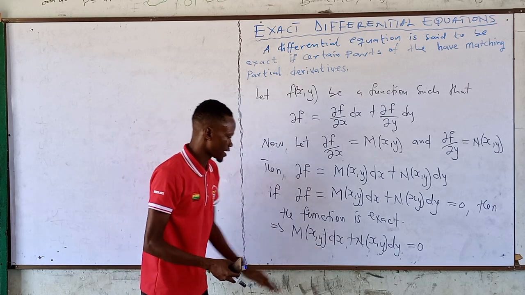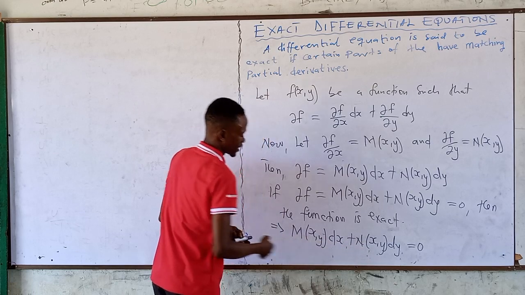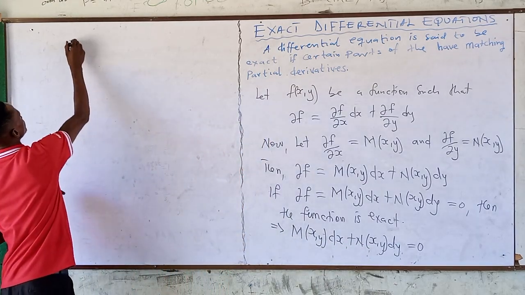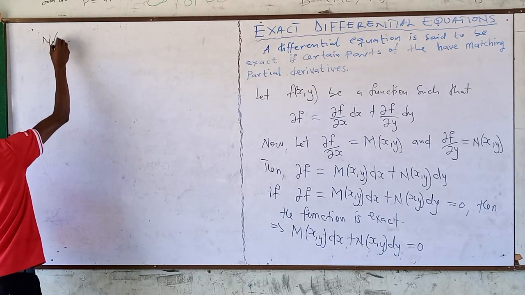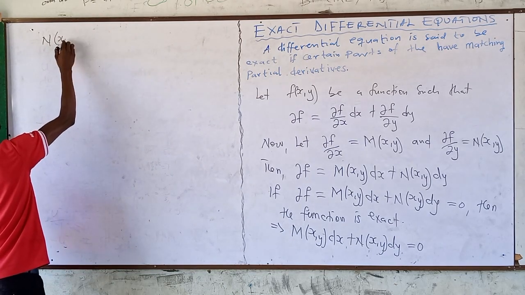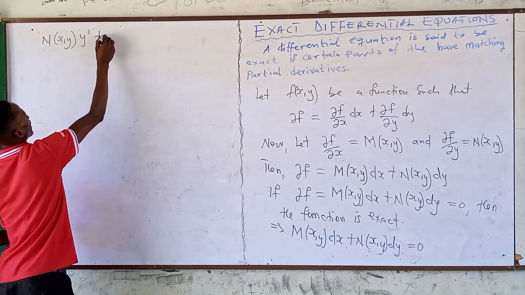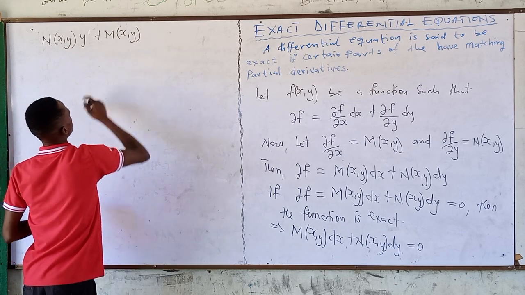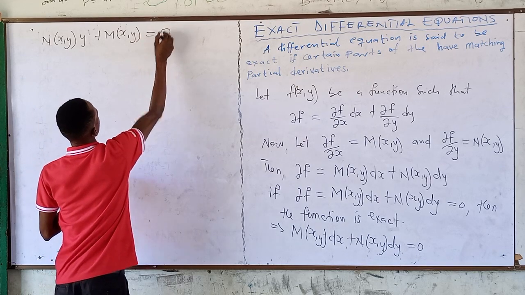So we can rewrite this, regrouping the terms, as M(x,y) plus N(x,y) y prime equal to 0.